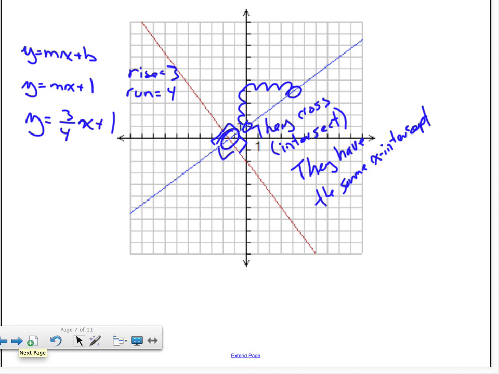How about the red line? So we're going to start off again, y equals mx plus b. Let's look for the y-intercept. What's the y-intercept on this one? -2. Yeah, it looks like it's -2 here. So y equals mx minus 2.